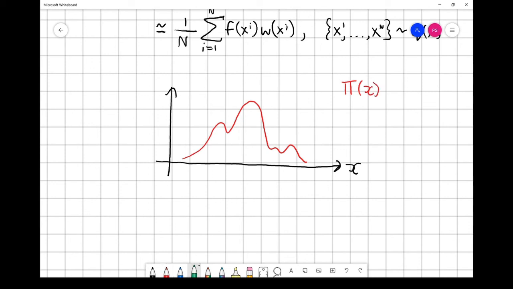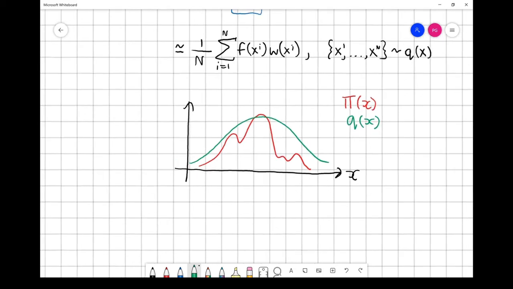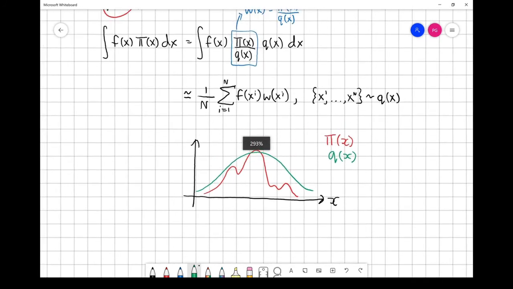Then it helps if our proposal, let's say it's Gaussian, so it's easy to sample from, is something similar. In the ideal case, your proposal would be completely equal to the target. So if Q is equal to pi, then this would cancel, this would be unity, and this would become pi, so you'd be left with the original integral.